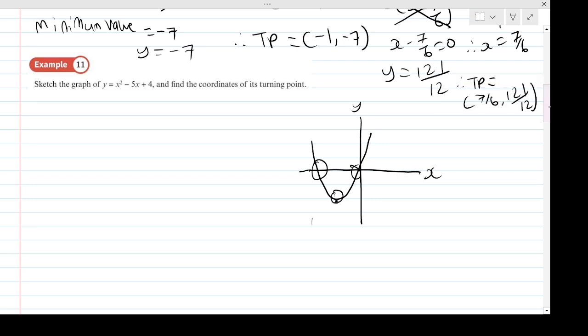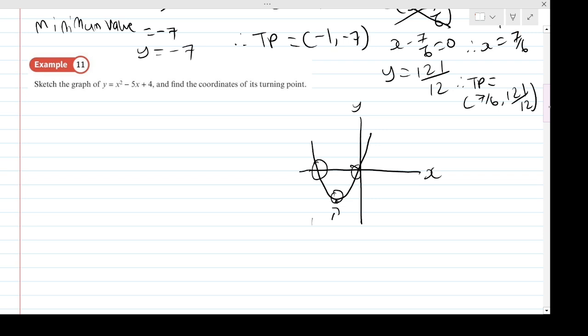So we can find the coordinates of the turning point. Cool. But we can also find the points where the graph crosses the x and the y axis. That's all the information we can get, right? That's the valuable information.